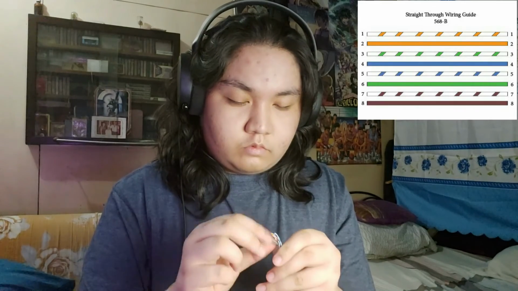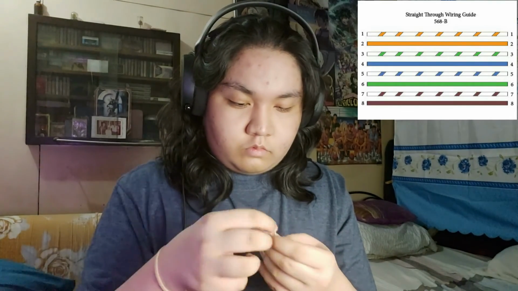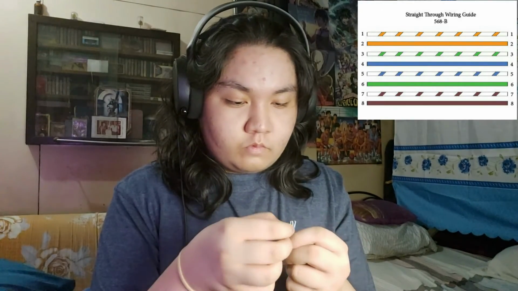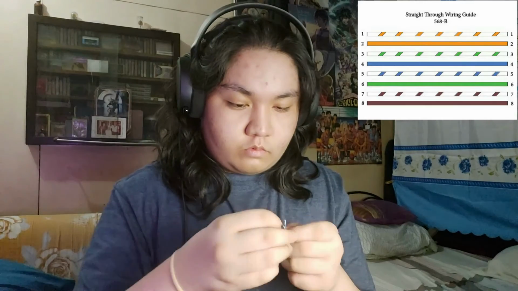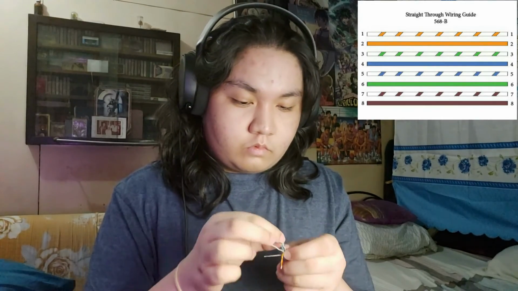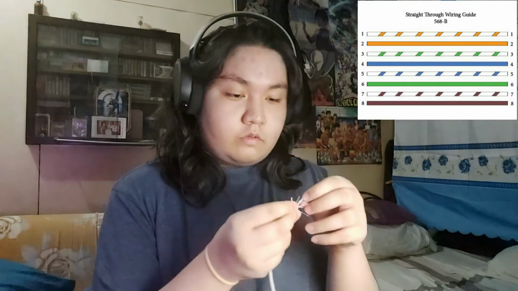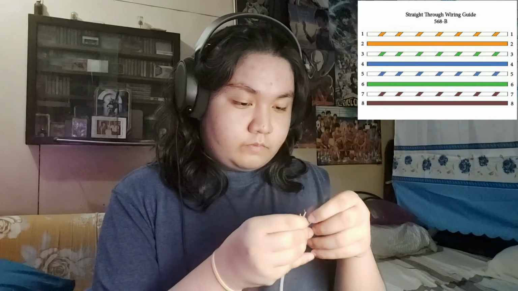There you can see: white orange, orange, then white green, then blue. First of the end.